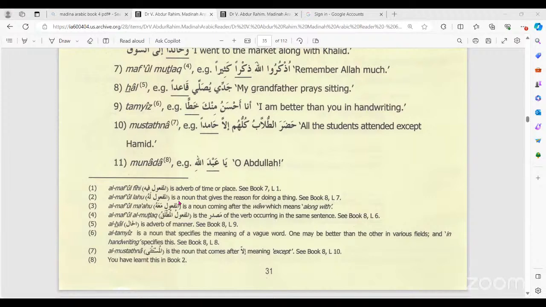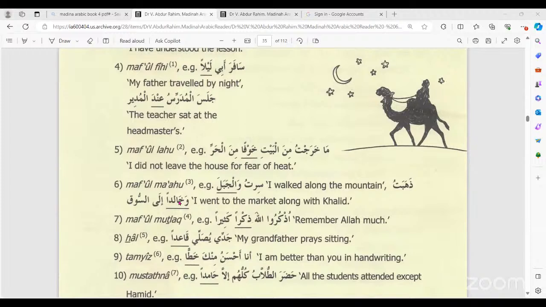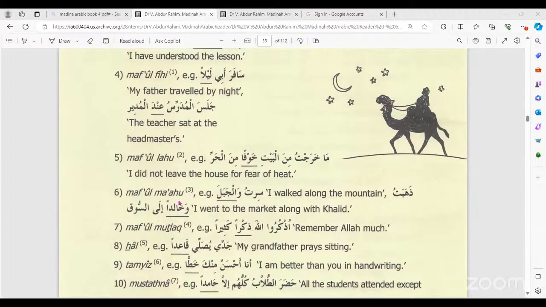Go ahead, sister. Point number 2. Maf'ul lahu, it says it is a noun that gives the reason for doing a thing. Exactly. So this maf'ul literally explains the reason why you're doing the action itself.